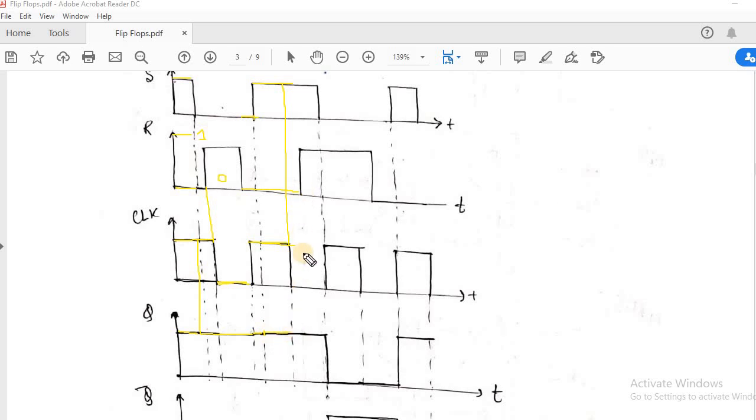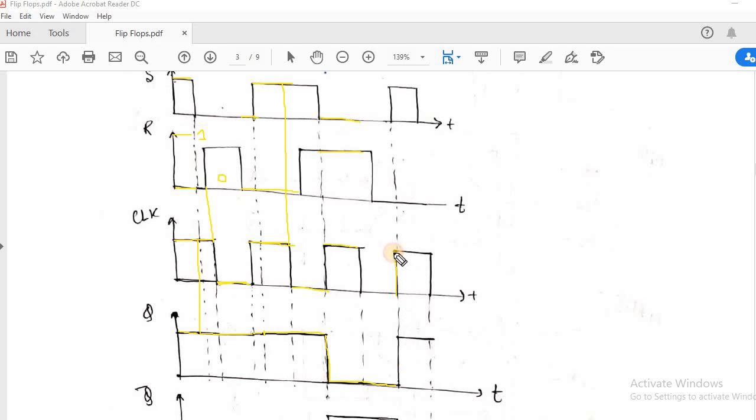Now the clock is again 0 up to this point, so it will not affect the output, which remains 1. Now again the clock is 1 here, but S is 0 and R is 1. If S is 0, R is 1, the output will be 0. So the output goes to 0 and will remain 0 up to this point, because again the clock becomes low here.